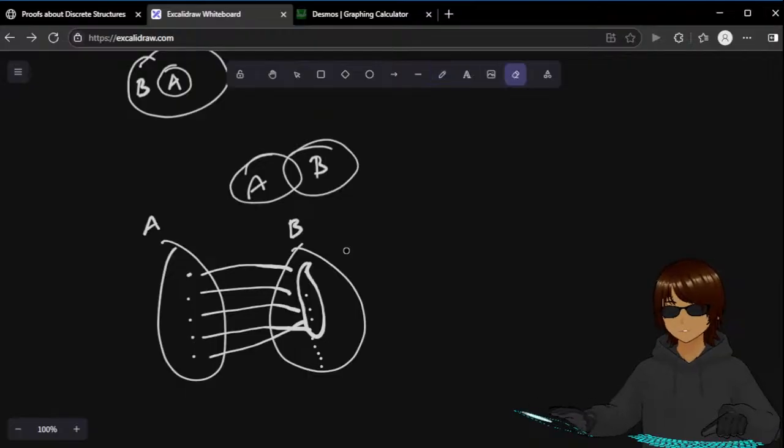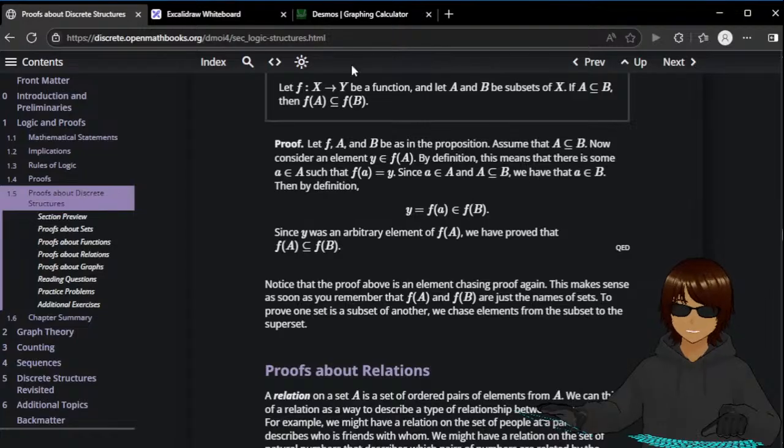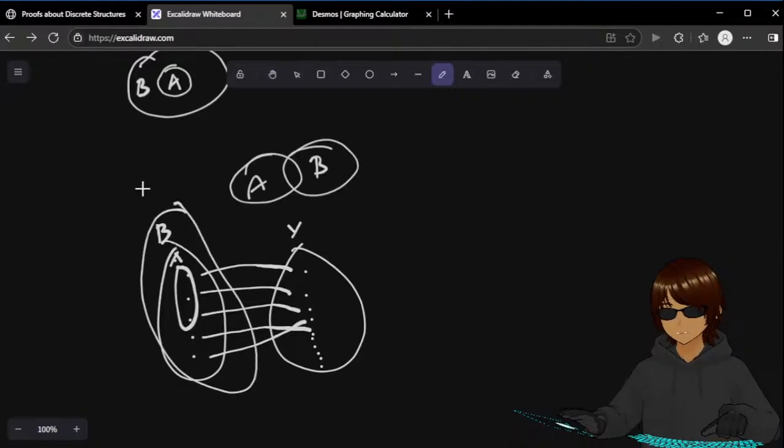Because this is like, let's say this is set C over here, and then this is set B. Is A a subset of B? Yeah, I just switch. B, A. And then, wait. This is Y. This is inside X.